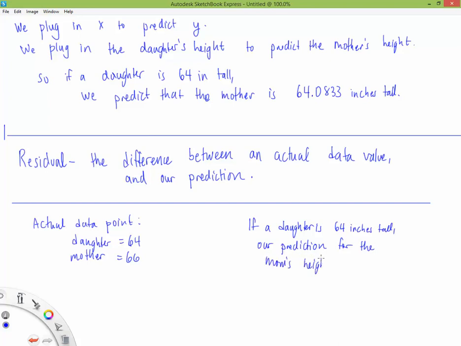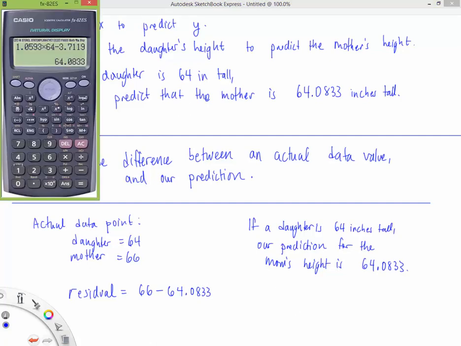So what's the difference between the actual value and the prediction? Our residual will be equal to 66 minus 64.0833. So I'm going to do 66 minus 64.0833, and I get 1.9167.